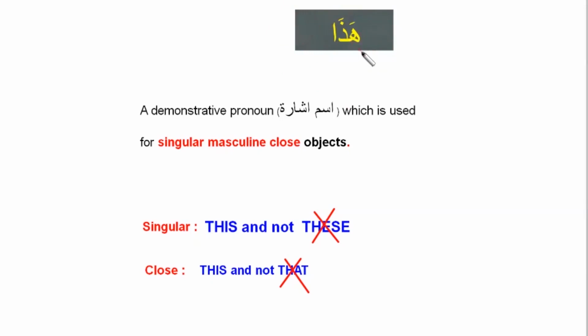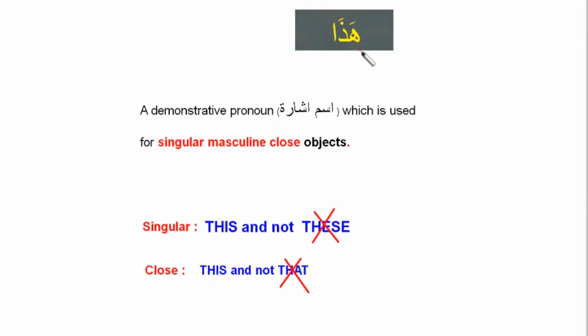And in English, let me give you the equivalent. In English, we call it a demonstrative pronoun. So it is not something very big. It's something very common. And we all know what the demonstrative pronoun is in English, right?